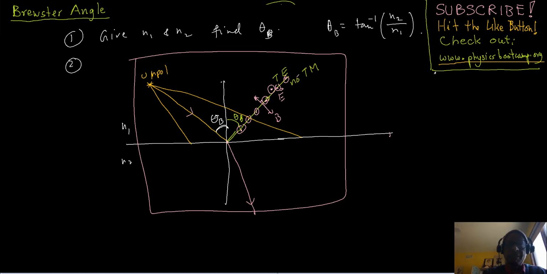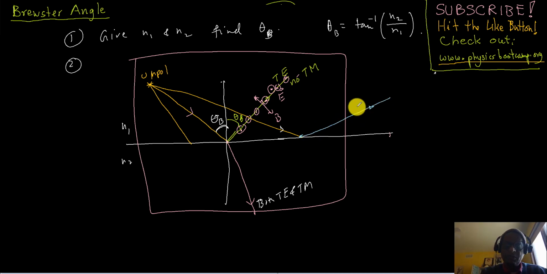How about here? Here you'll have both transverse electric and transverse magnetic rays, because transmitted rays don't disappear. Okay. How about if this is another ray? For this ray, you will have a reflected ray like this.